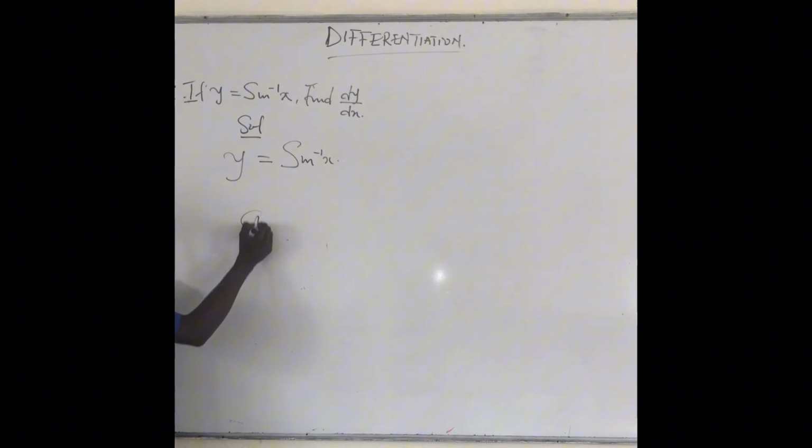When you have something like a raised to power minus 2, that is going to be 1 over a raised to power 2. I believe you know that. So I'm going to apply this method here.